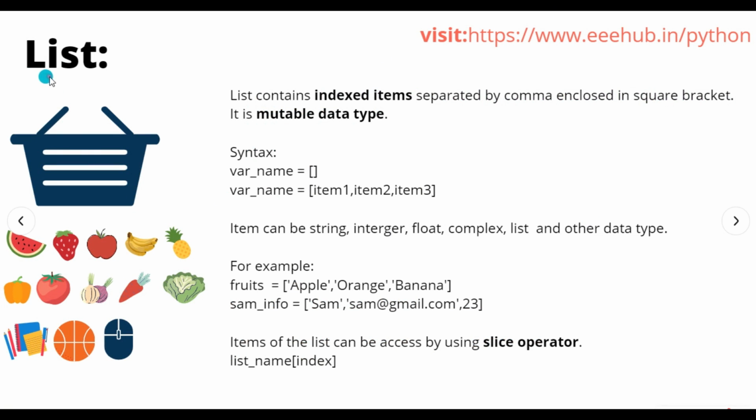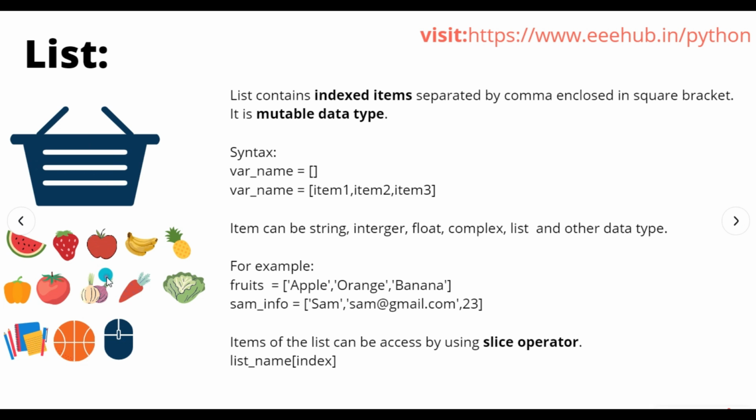Before discussing the list, I have one analogy here. Suppose you have one basket. In that basket you can have some fruits like watermelon, strawberry, apples, banana, or a pineapple, or you can have some vegetables in it like capsicum, tomatoes, onion, carrot, cabbage, or you can have some items like book, paper, pen, or a basketball, or a mouse.